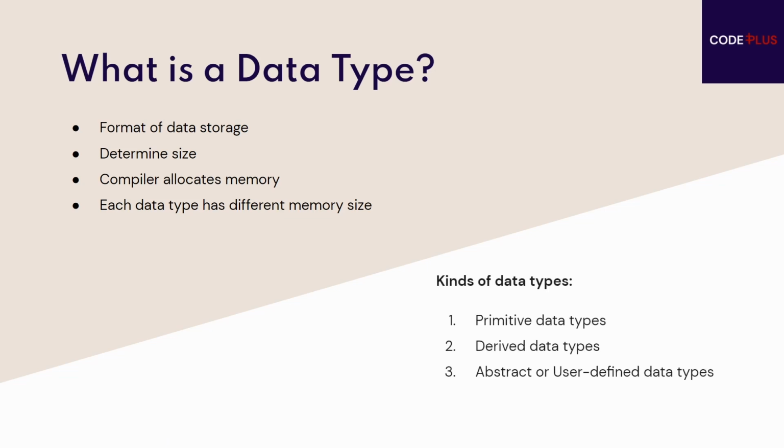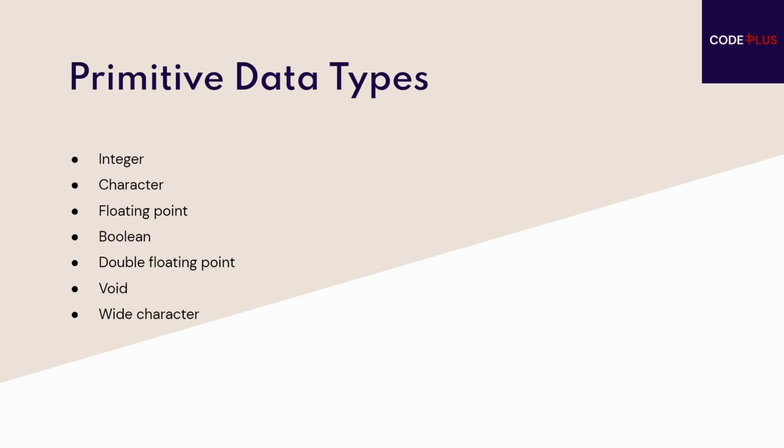So, there are three kinds of data types in C++: primitive, derived, and abstract or user-defined. Primitive data types are built-in or predefined data types and can be used directly by the user to declare variables. Integer, character, floating point, boolean, void, double floating point, and wide character are primitive data types.